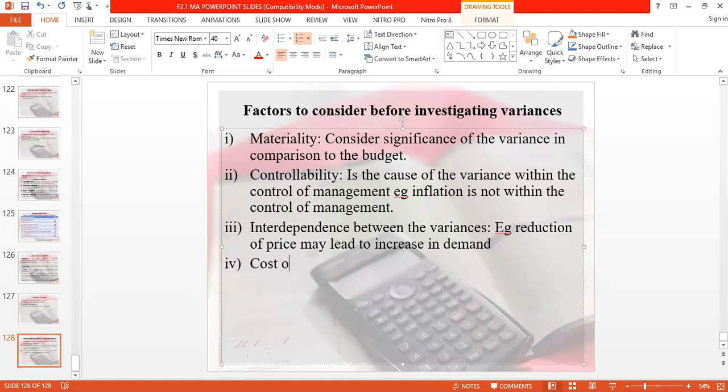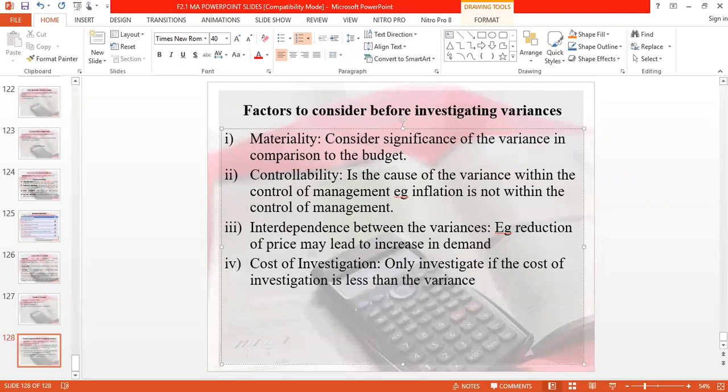Next, cost of investigation. Remember, you should only investigate if the cost of investigation is less than the variance.